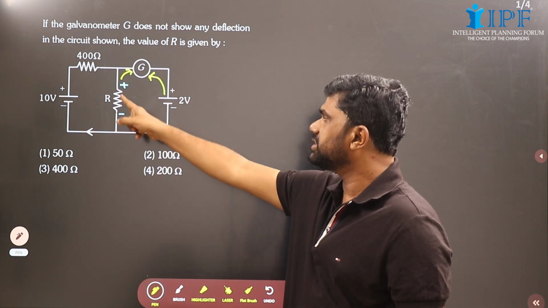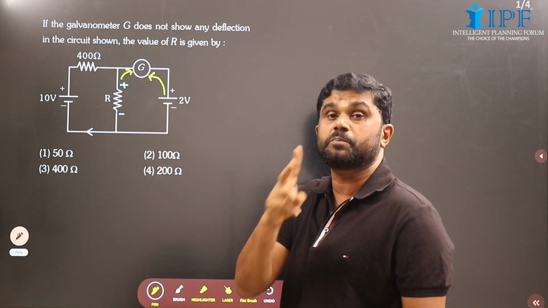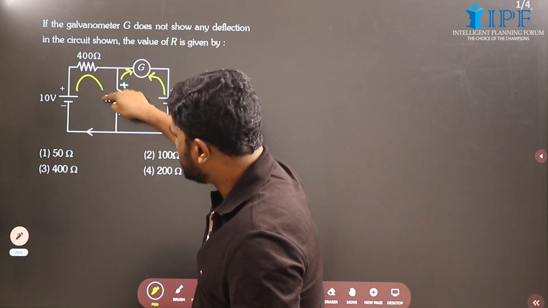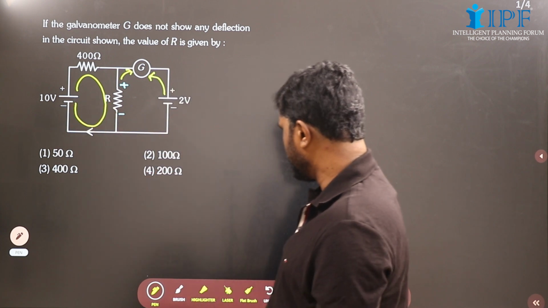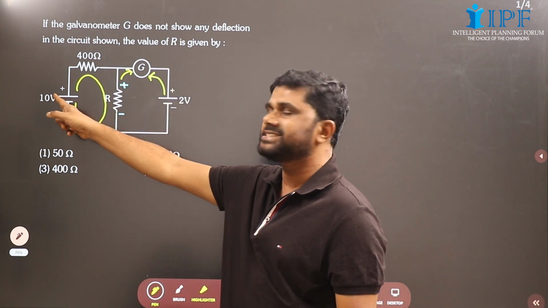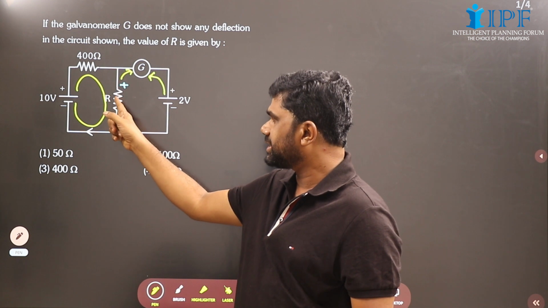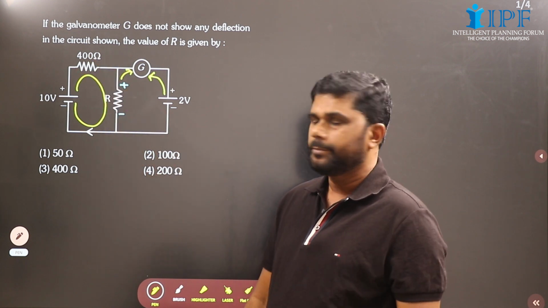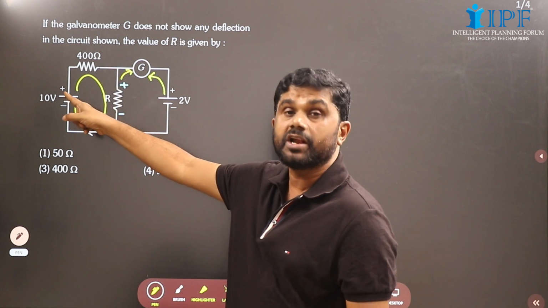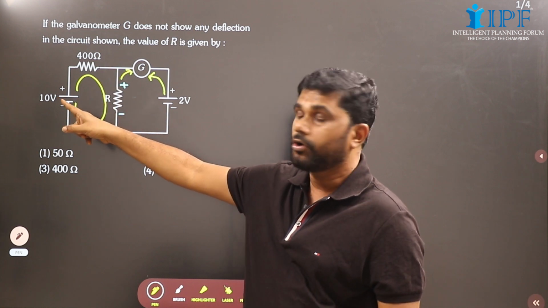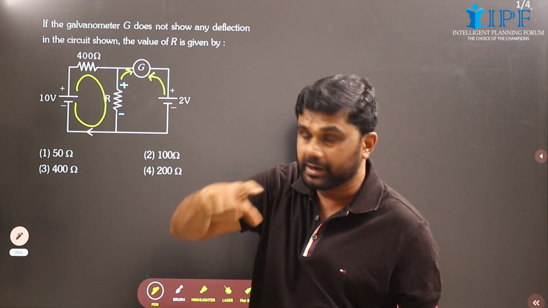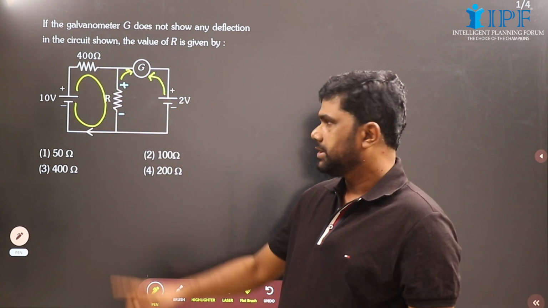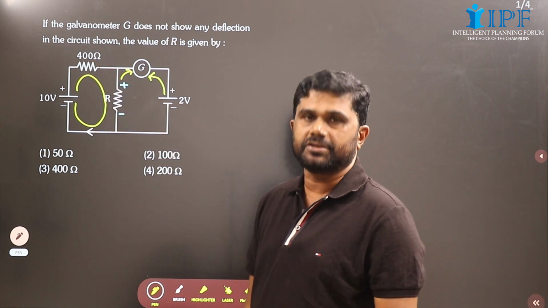If this is 2 volt, then the voltage across this resistance must be 2 volt. The total voltage is 10. The voltage across this is 2, so the voltage across this must be 8, because this 10 volt will appear across this 400 ohm and the unknown resistance. If this is 2, this must be 8.